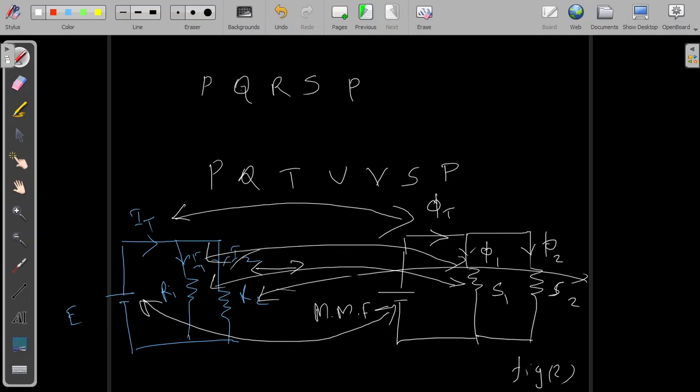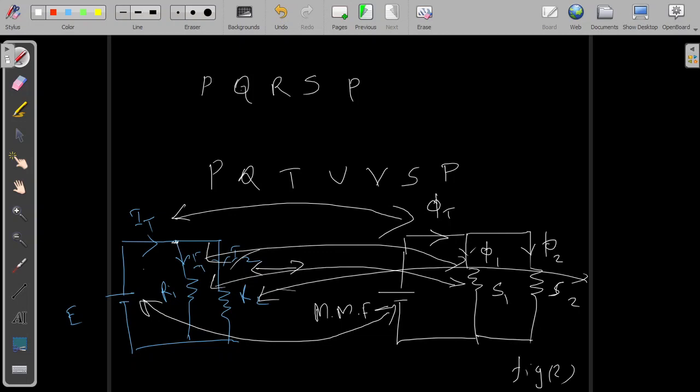So once you have the electrical analogs of the magnetic circuit, what we do in an electrical circuit is apply KCL and KVL.